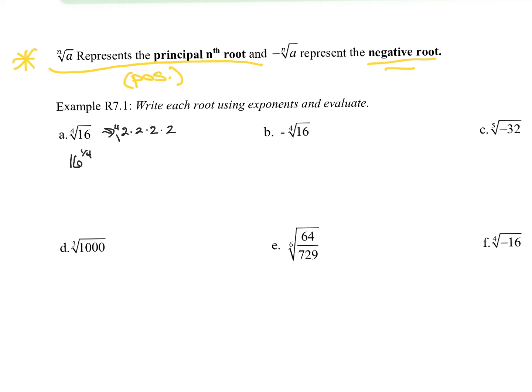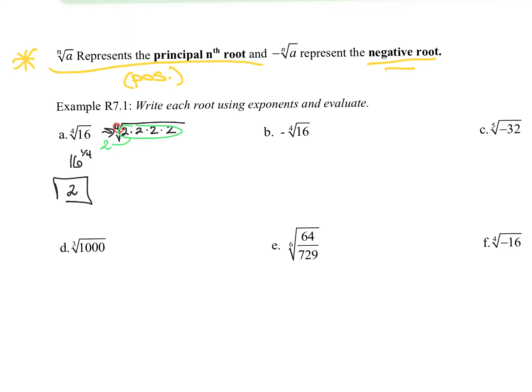So when I take the fourth root of this, I need to make one group of 4. What I remember is that the number on the outside is the rule, or the size of the group. I must make a group of 4 to have anything come out. So I made one group of 4, so 1, 2 gets to come out, which means that the fourth root of 16, or 16 to the 1/4 power, is 2.